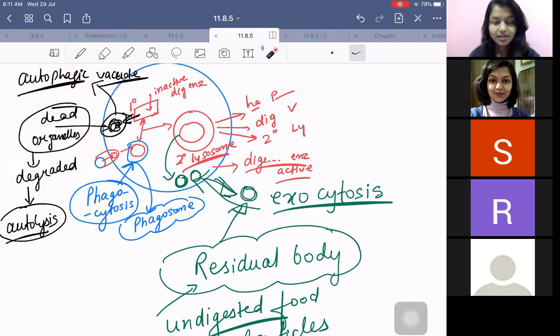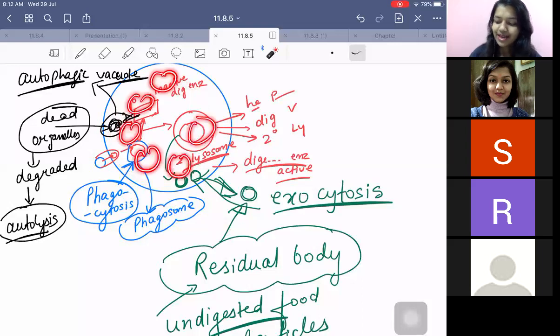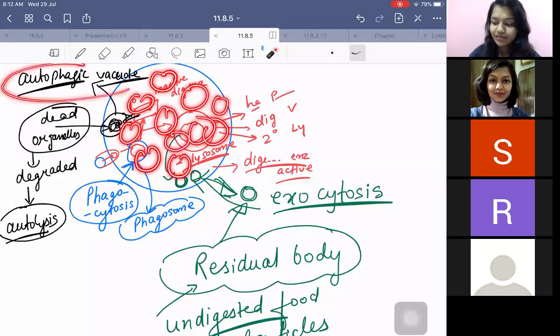That is why sometimes it might happen that so many components of the cell are not functioning. What will the lysosome do? It will release the entire content, or the lysosome will increase in size, or several lysosomes, several autophagic vacuoles, will be formed, and then it will degrade everything.